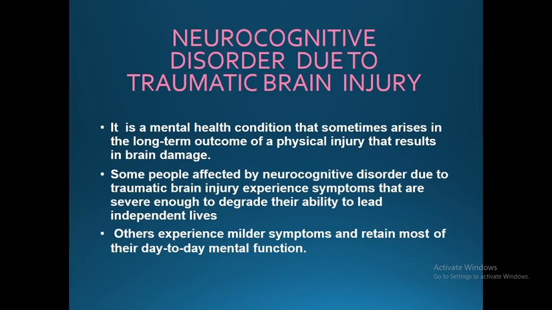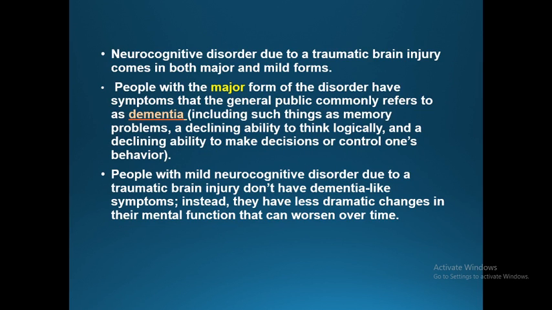Others experience mild symptoms and retain most of their day-to-day mental function. After an RTA or such a traumatic brain injury, most of the time people might be confused, and later on they will return to their normal life. So if the damage is permanent, that can cause neurocognitive disorder due to traumatic brain injury. That comes in both major and mild forms.